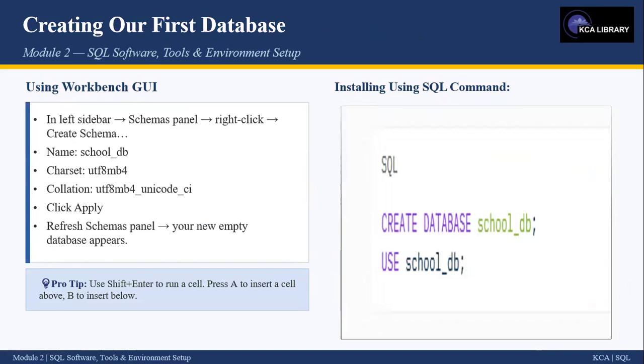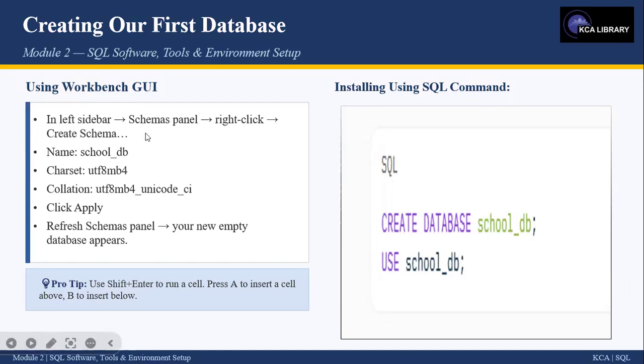Creating our first database. Let's create our very first database. There are two ways. Method one, using SQL, which is recommended. The query for creating a database using SQL is CREATE DATABASE, then the name of the database is school_db. USE school_db.